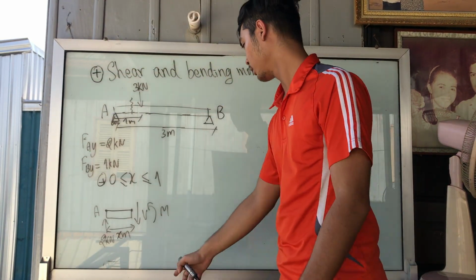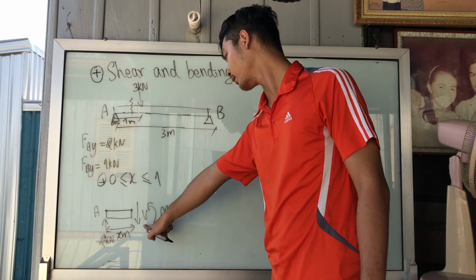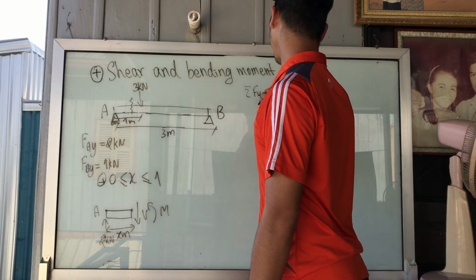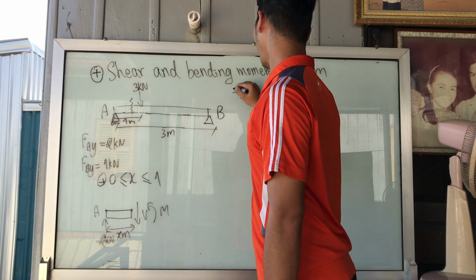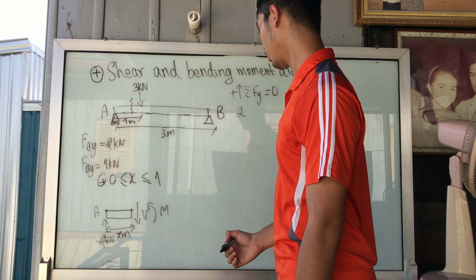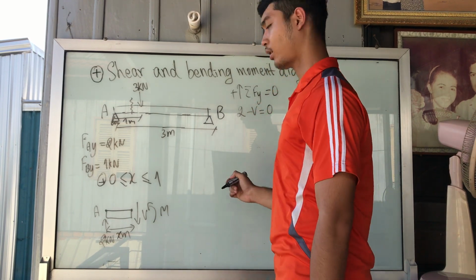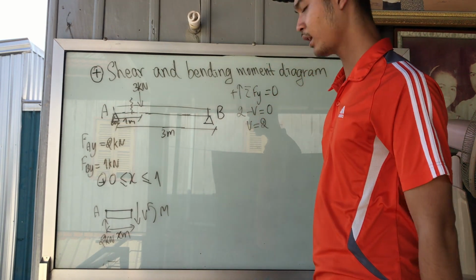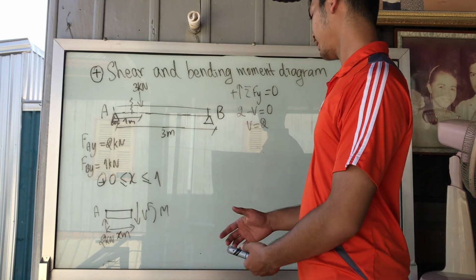Okay, so try to find this force and this moment. Sigma Fy equal to 0, upward positive direction, 2 minus V equal to 0, V equal to 2.